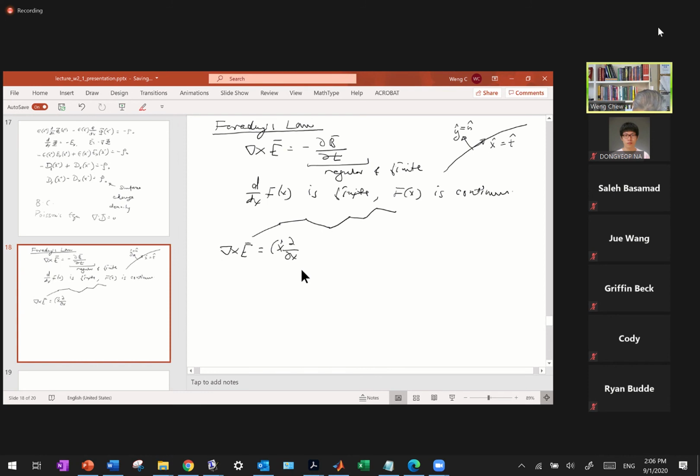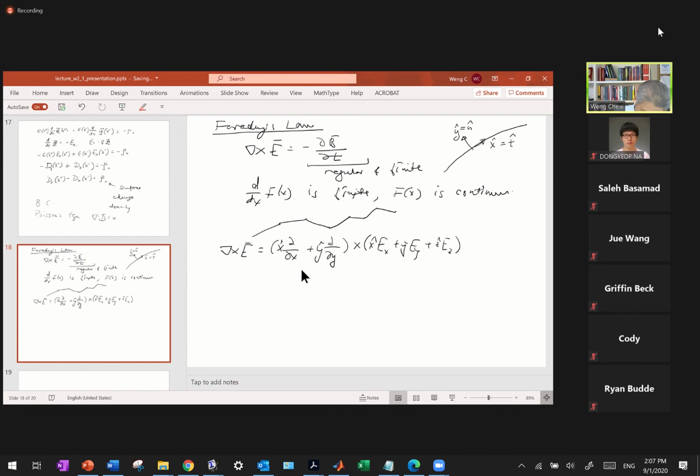Curl of E can be written as y hat partial y cross with E. Okay, E can be written as x ex plus y ey plus z ez. But we are looking at this problem in 2 dimensions, so we can ignore the partial z derivative.